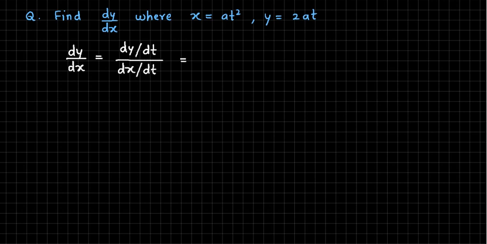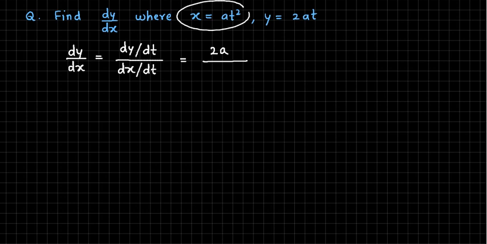So in the numerator we have to write the derivative of y with respect to t. If we consider y which is given as 2at, the derivative of 2a into t will be simply 2a because it's a constant, and the derivative of t is 1, divided by the derivative of x with respect to t.